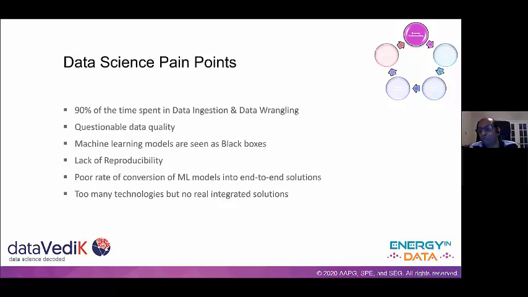A prototype or a pilot is typically not geared towards being the end user solution. And historically what we have seen is that very few of these pilots get converted into end user solutions. And the reasons can be many. It's not just purely technical reasons. Sometimes there is a lack of understanding. Sometimes there is a misalignment of expectations.